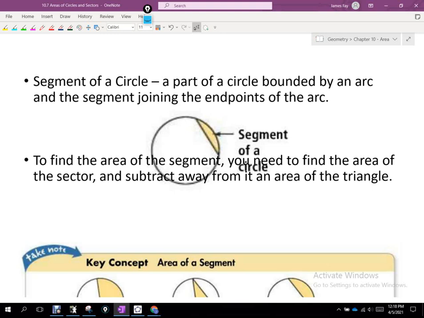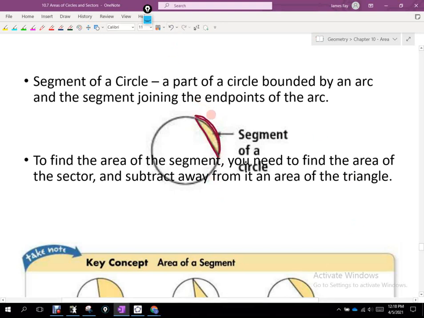A segment of a circle is a part of a circle bounded by an arc and the segment joining the endpoints of the arc. Okay? So if you remember from Thursday, we called this segment a chord. So the segment of a circle is the area bounded by that chord and its accompanying arc.